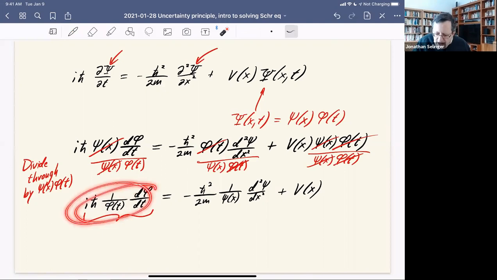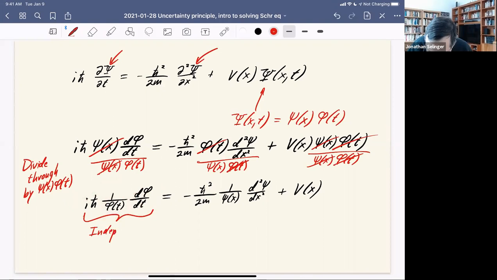There's nothing here that has anything to do with x. This quantity is independent of x. It might depend on time, but not on x.